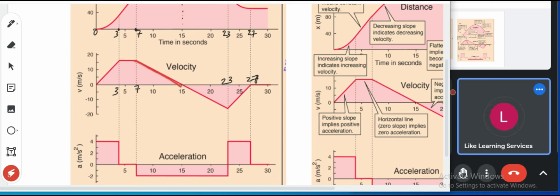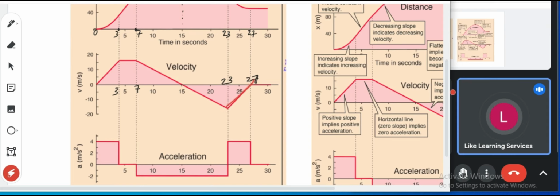Now, what is this from 7 to 15? That's a deceleration, is it not? A deceleration, even up to 23. And you know a deceleration is a negative acceleration. So that's why it is now on the negative side of the acceleration graph up to here.